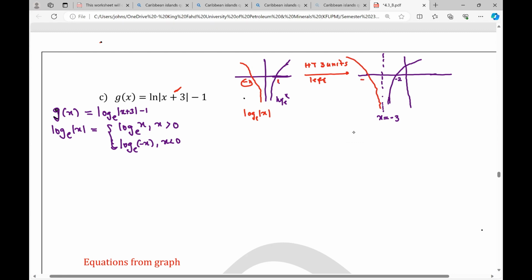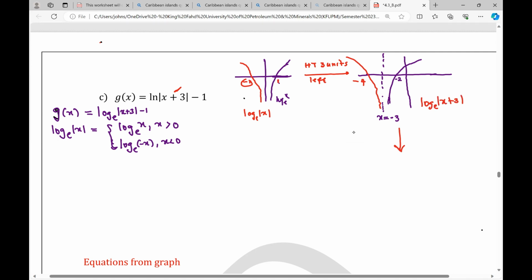So this is at minus 4. Then what next we can do, we finish with this graph here, which is the graph of log to base e of the absolute value of x plus 3.